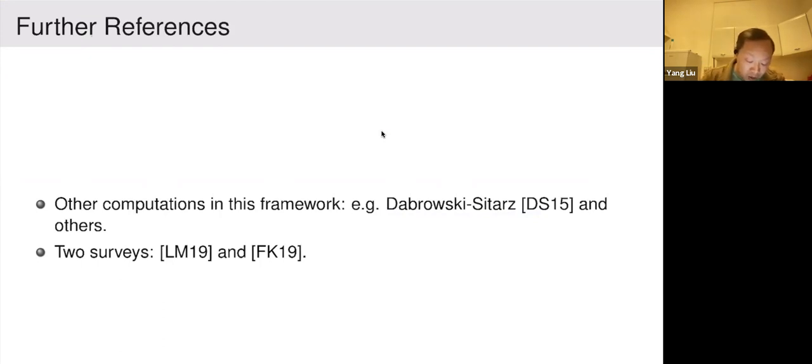There are also 2 surveys, the first written by Moskowitz and Lash, and the other written by Fazad and Masoud. There you can find more complete references on this project.